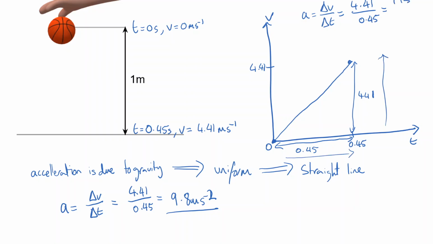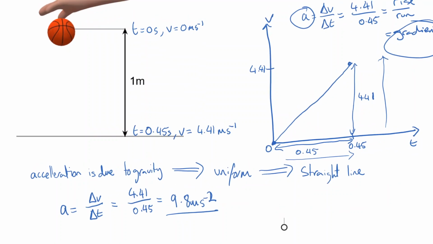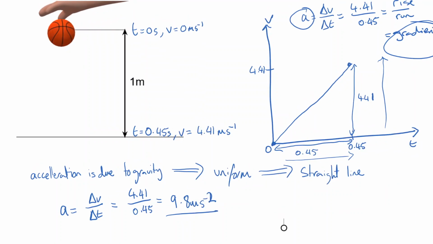So it's going to be rise over run, and if that's familiar to any of you, that's the same as the gradient. So in a velocity-time graph, the gradient is the acceleration. Okay, so I've just done this example to demonstrate that it's very easy to find the gradient of a graph if it's a straight line.